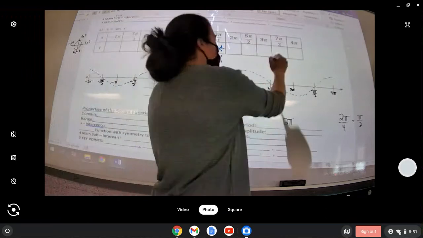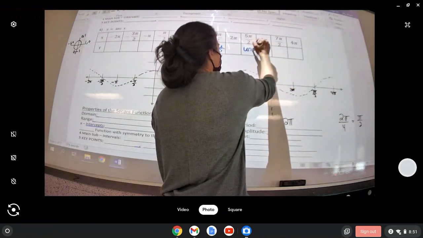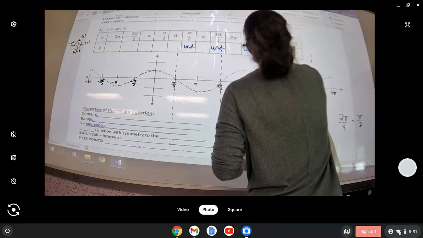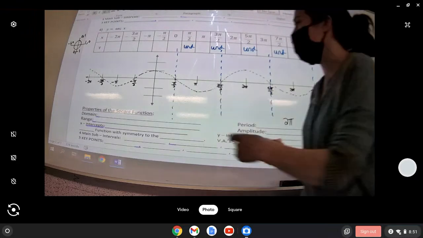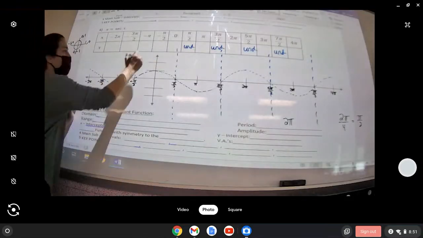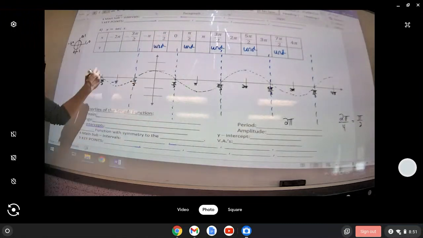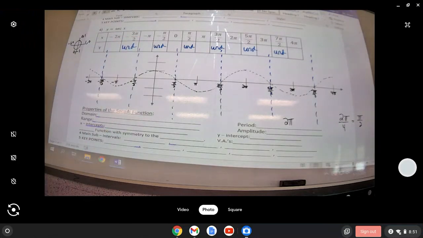We had an x-intercept at 5 pi over 2, so that's a vertical asymptote. 7 pi over 2, that was an x-intercept, so that'll be a VA, a vertical asymptote. Negative pi over 2 was 0, so that'll be a VA. Negative 3 pi over 2 was an x-intercept, so that'll be a VA. These are all where the x-coordinates were 0, guys, because when you reciprocate 0, the ratio is now undefined.